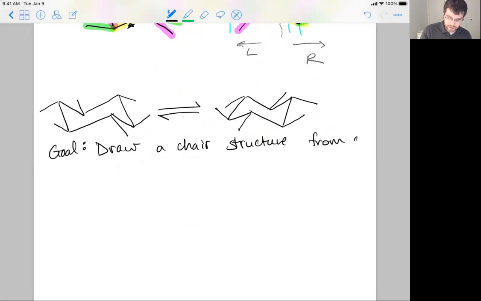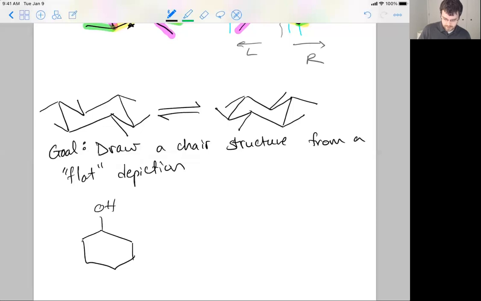from a, quote, flat depiction. Okay, so let's say I just, for example, took this molecule where I put a methyl group, which is a CH3 hanging off of a main chain, and an OH group, which defines this molecule to be an alcohol.